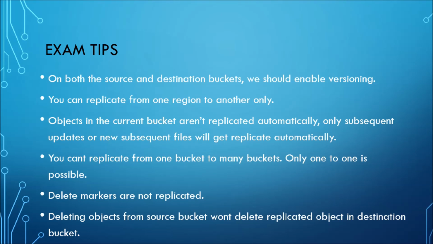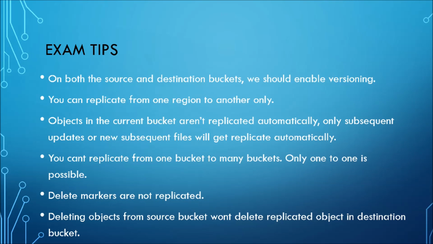Only subsequent updates or new files will get replicated automatically. We have already seen that for data which was already there in our bucket, we had to install the AWS CLI tools and run the AWS copy command, giving the source and destination buckets.